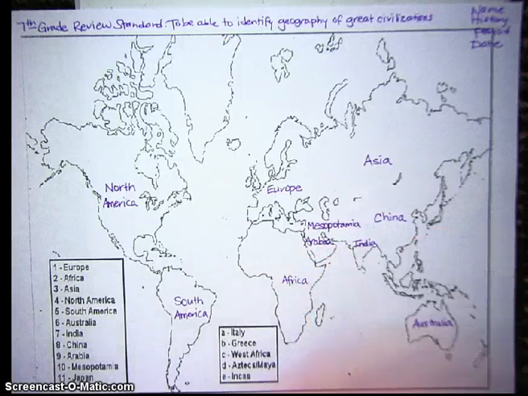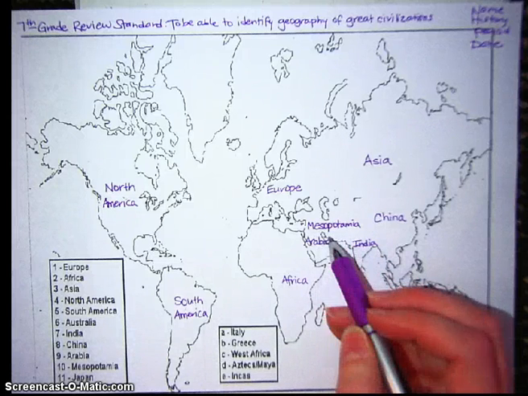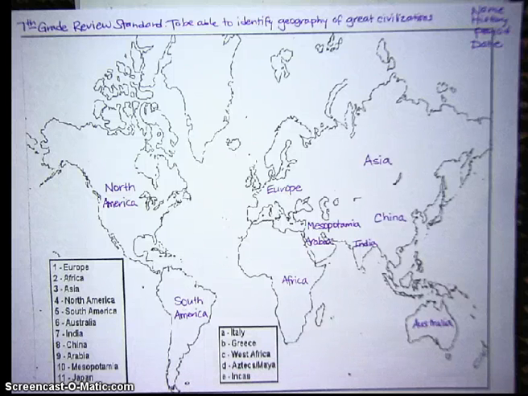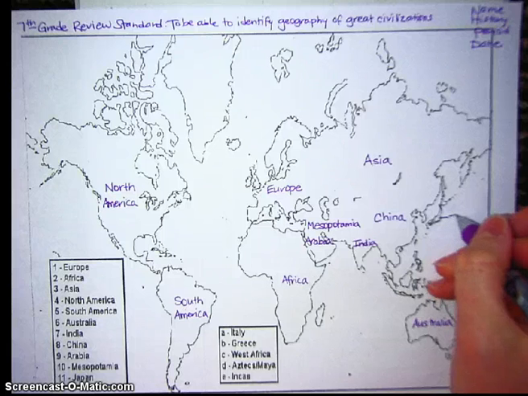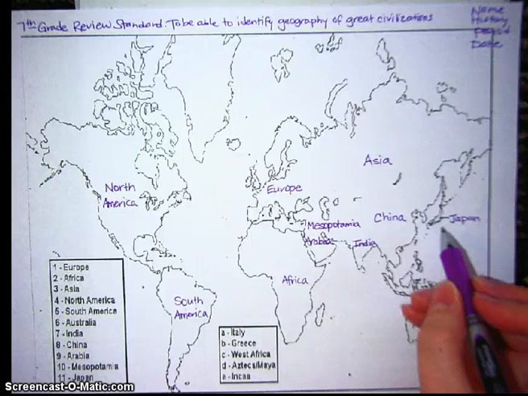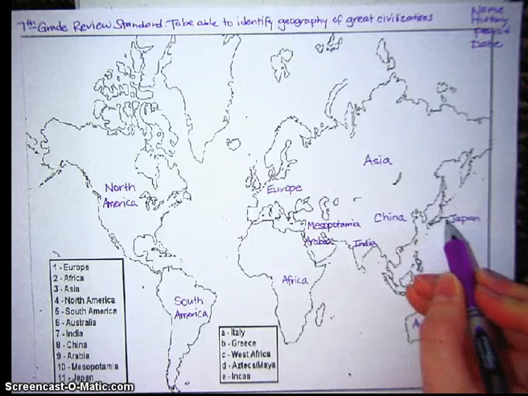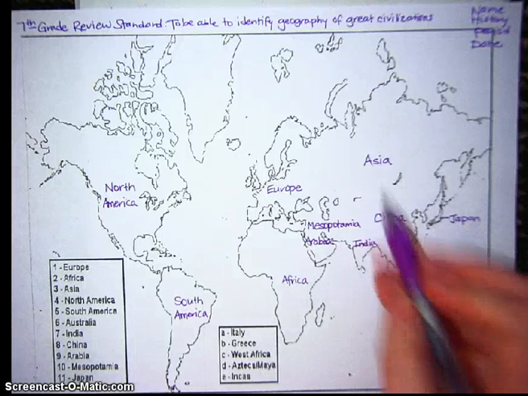This is where it gets tricky because it starts to get a little small. Here's Mesopotamia, right in here. Japan is our next one, 11. Here's Japan. Remember, when you can't fit it on the actual land, remember what we've done in the past, we draw a straight line to it. You want to keep your words, see how all of my words are upright.